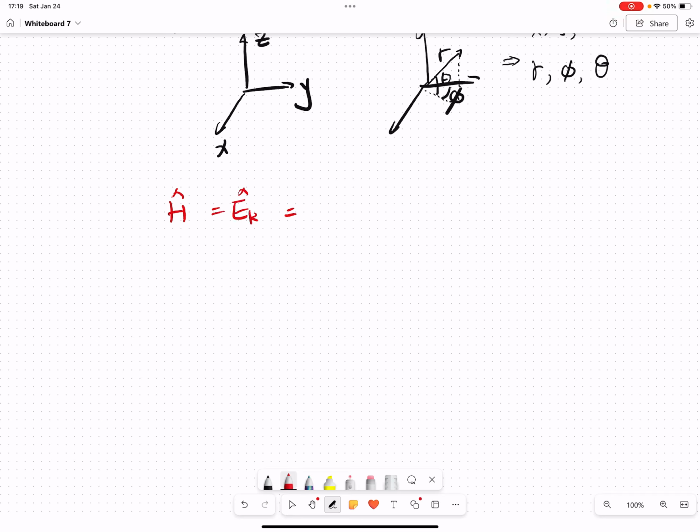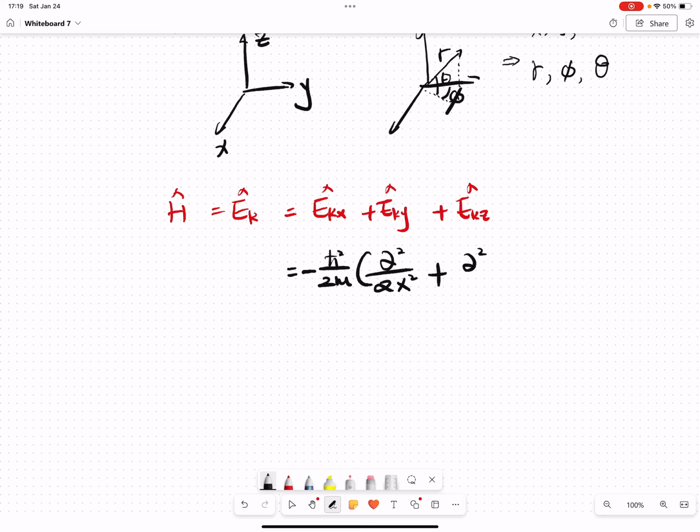Since it's a three-dimensional system, we have kx, ky, and kz. Then just expand it: minus h bar squared divided by 2m times the partial derivatives in each direction.